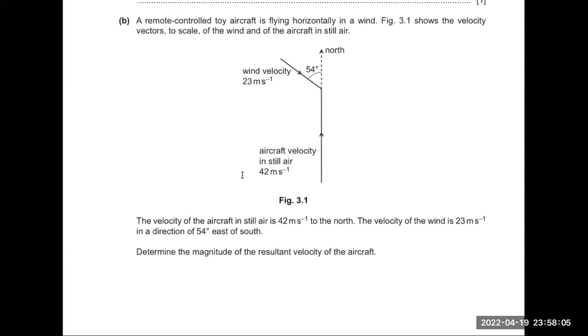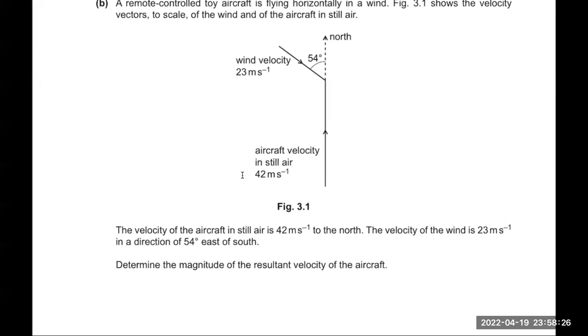Now, there are two approaches to this question. Because they've told you that the diagram here is drawn to scale, you may either use that scale and get an answer. That's one way to do it. Or you may solve it mathematically, and that would also result in the correct answer. If you were to solve it by drawing it to scale, you would first need to measure this length out, 23 meters per second.